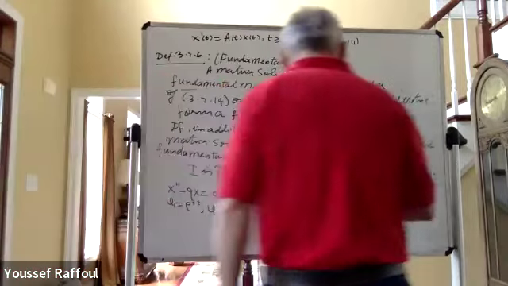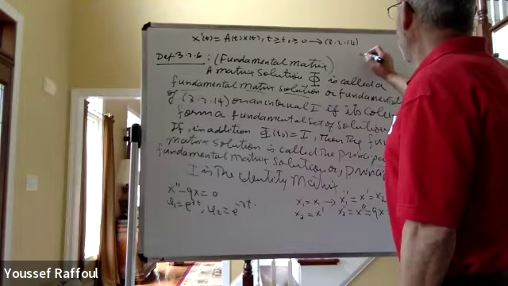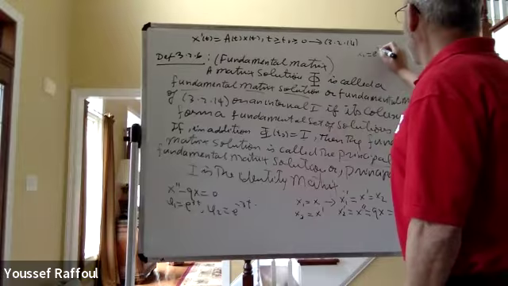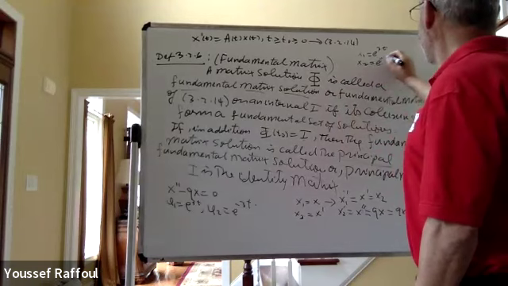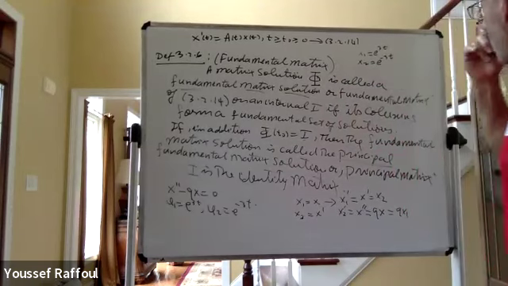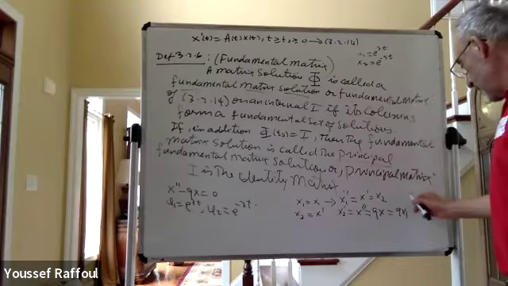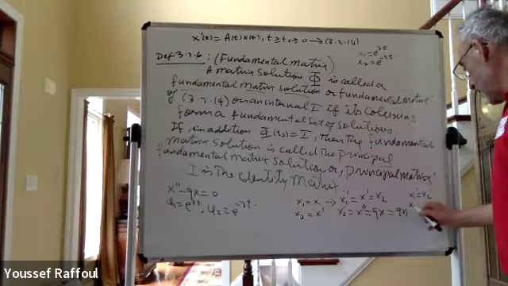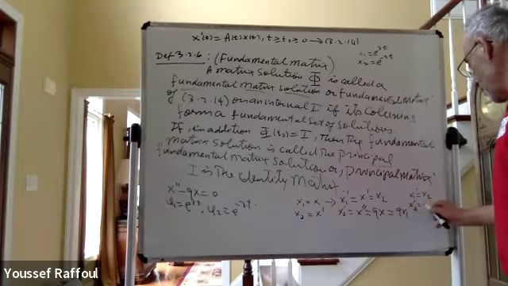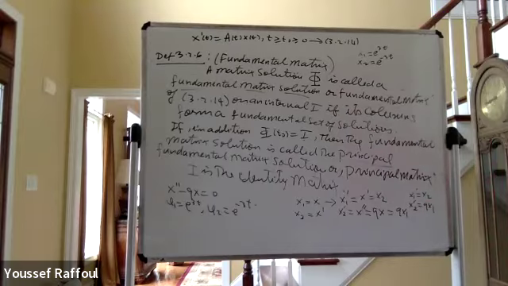So we have x1 equal e to the 3t, x2 equal e to the minus 3t, and here we have x1 prime equal x2, x2 prime equal 9x1.